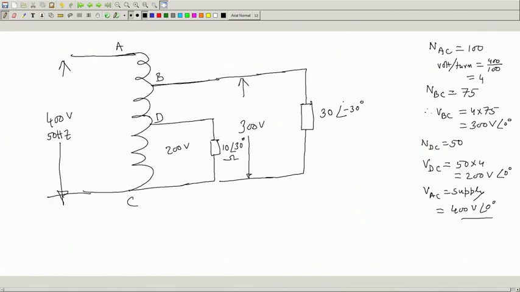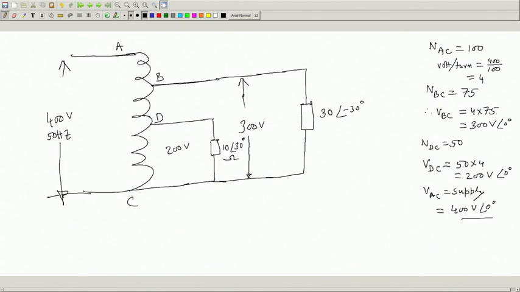That is, from the same auto transformer, by 2 tappings at B and D, C being the common terminal, I will supply 2 loads which require 2 different voltage levels.